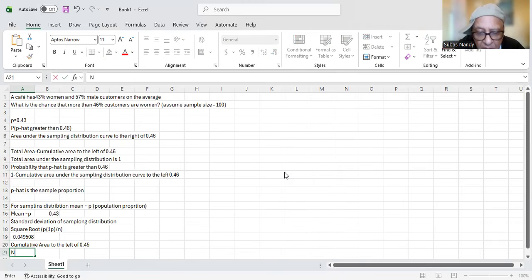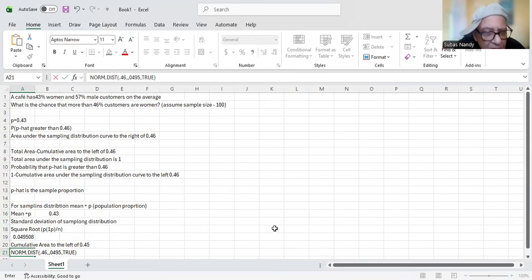It is NORM.DIST, then the x value is 0.46, comma, standard deviation is 0.0495, comma, TRUE. True means yes, I want the cumulative area.